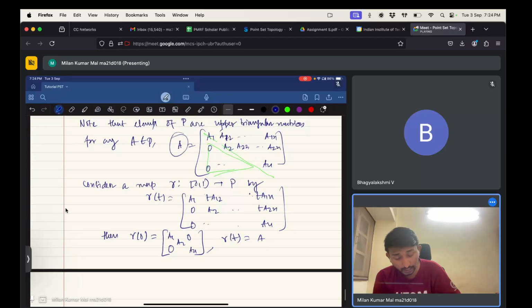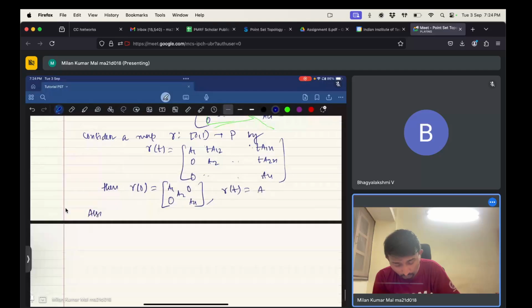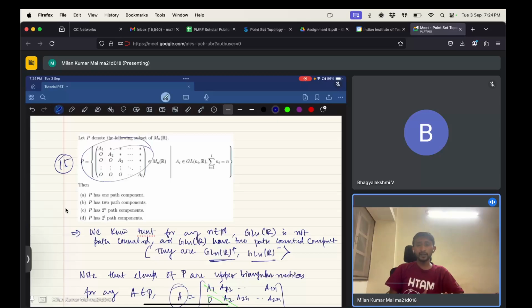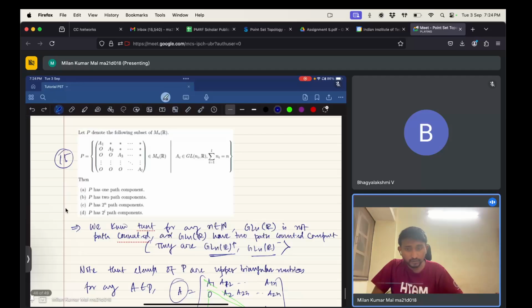Also, for all t in the closed interval [0,1], gamma(t) is an element of P, right? Because elements of P have 0 below the main diagonal, and elements above the main diagonal can be non-zero, not necessarily 0.